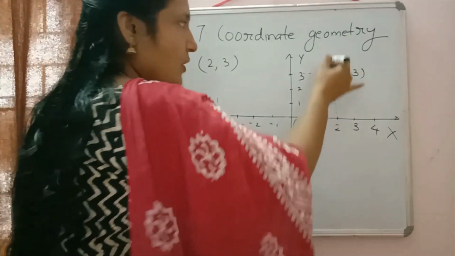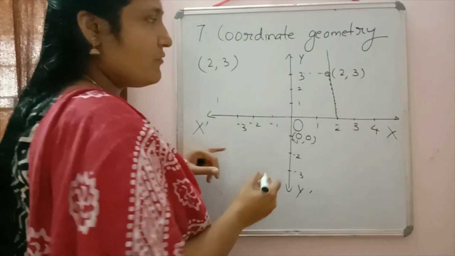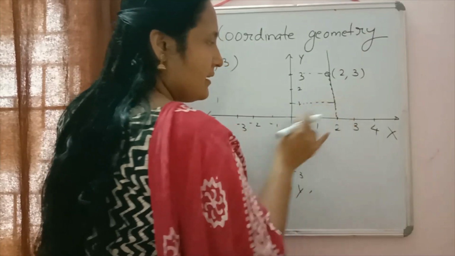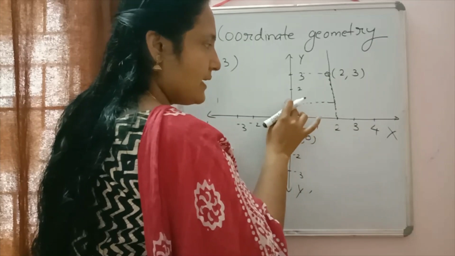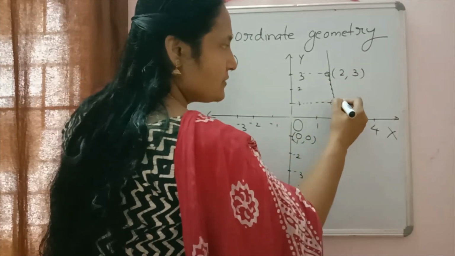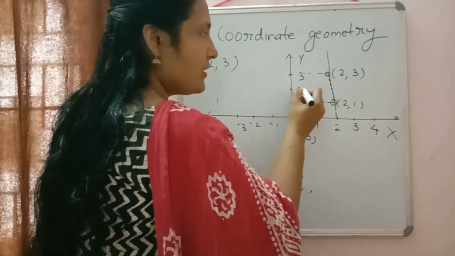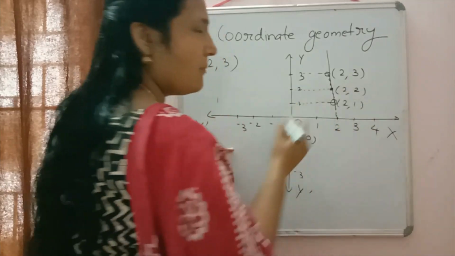Now suppose I am drawing a straight line there. Now we will check what will be the coordinate of this point. From the origin to x-axis distance is 2 and here we have the distance y is equal to 1. So coordinate of this point will be 2, 1. Similarly, coordinate of this point will be 2, 2.